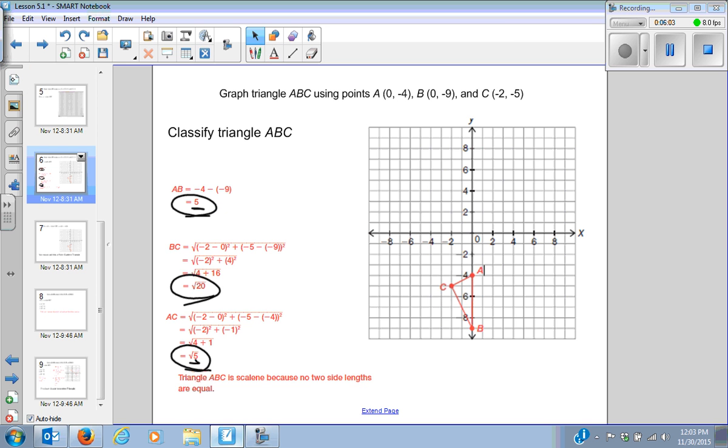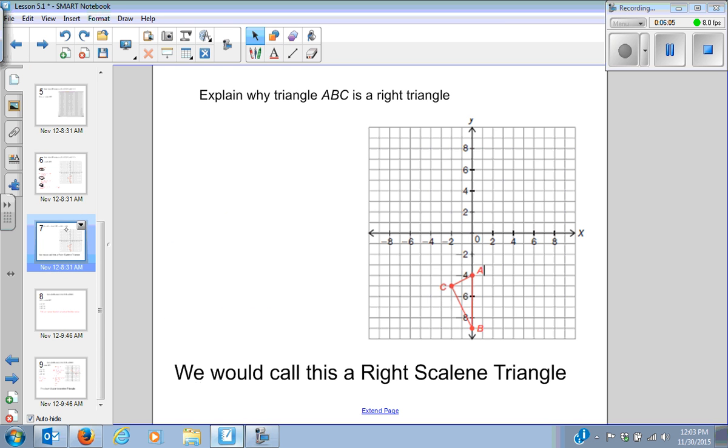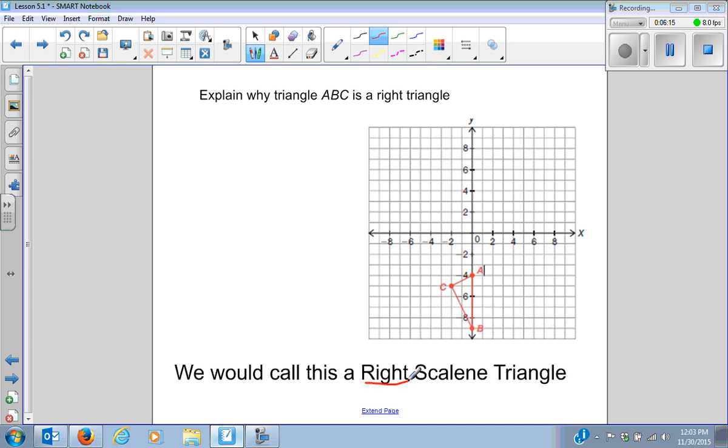Now I need to figure out why it's a right triangle. There are a couple of ways. We talked about how you can do a squared plus b squared to make sure it equals c squared if it's going to be a right triangle, which I told you it is. Or you can figure out the slope, which is up 1, over 2. So I get a slope of 1 over 2 for this side.